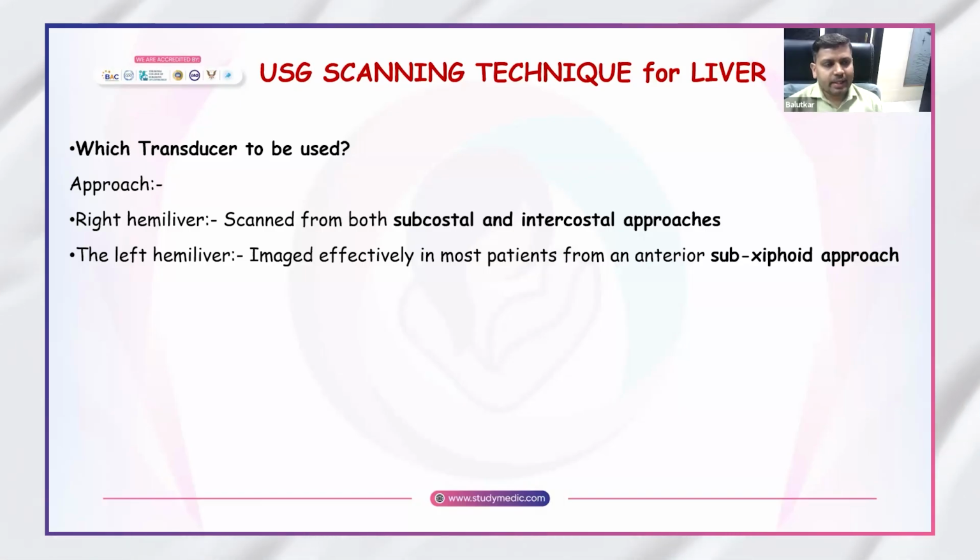The right lobe of the liver is better scanned through the subcostal and intercostal spaces, whether anteriorly or laterally. The left lobe of the liver is imaged through the subxiphoid approach in the epigastric region. Just inferior to the xiphisternum, you put the probe in transverse and longitudinal fashion, and you can examine the left lobe of the liver.